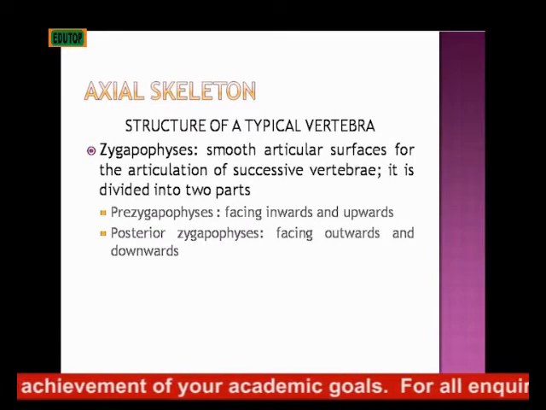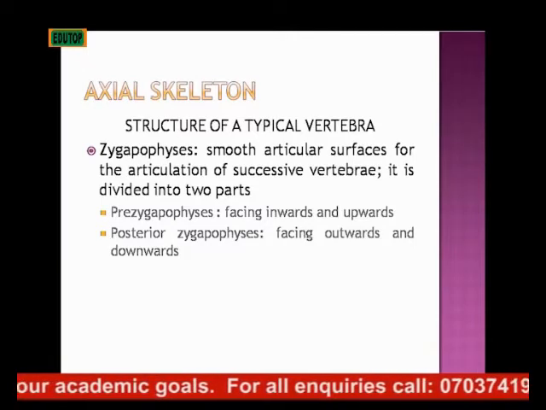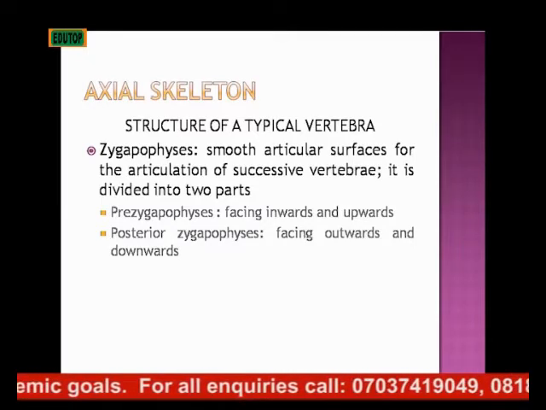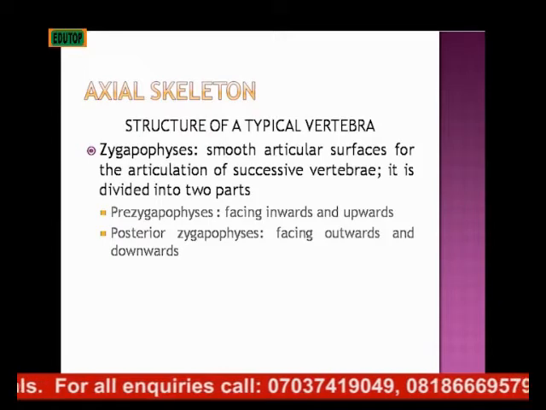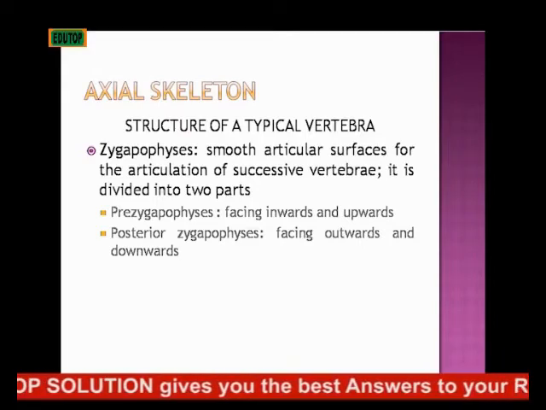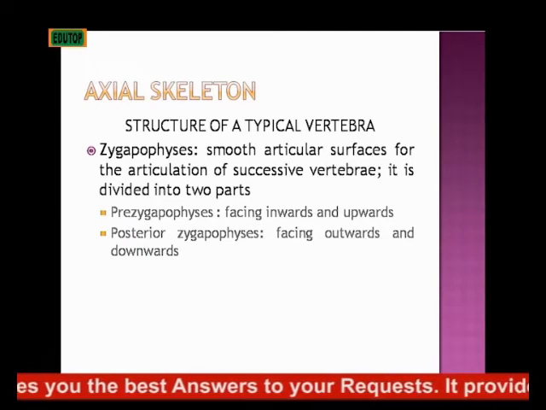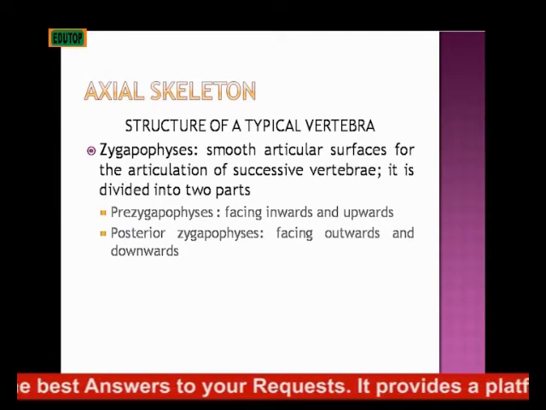These are the small articular surfaces for the articulation of successive vertebrae. So, the zygapophyses are the smooth articular surfaces for the joining of the vertebrae that follows.